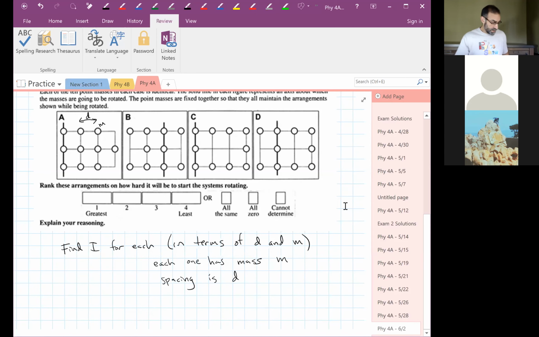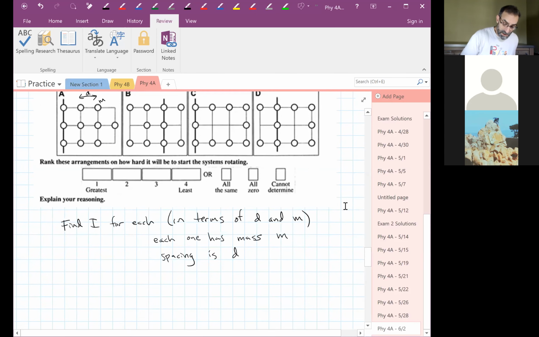So I'm going to number these 1, 2, 3, 4, 5, 6, 7, 8, 9, and 10. And we're only going to do A right now. It's the same technique for all of them.